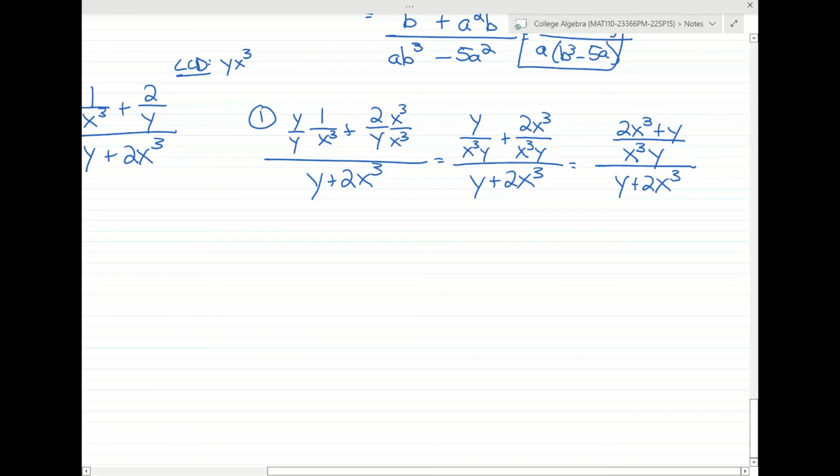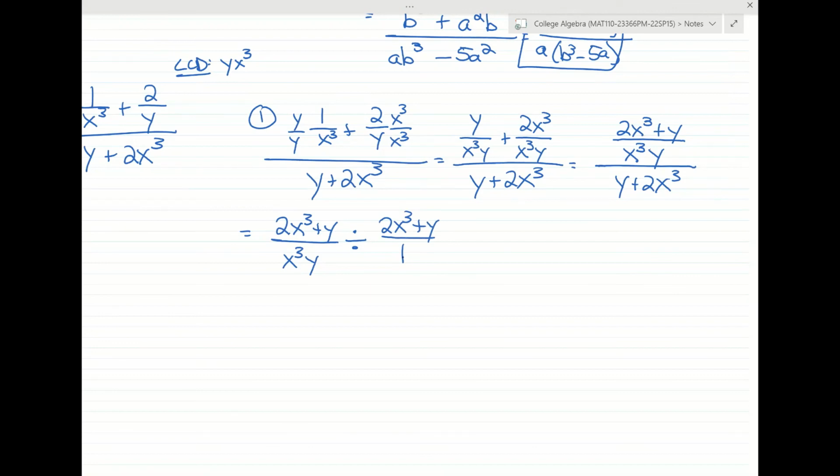To finish this up, remember when we have one fraction, what we could do is write it sideways. We could just say this is the same thing as 2x to the third plus y divided by x to the third y, divided by 2x to the third plus y. We'll kind of put it in the same order as the other fraction. Even though the bottom's not a fraction, we can make it one by just putting the whole thing over 1.